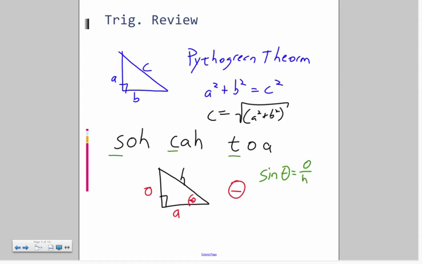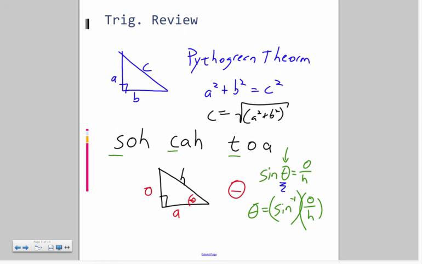And so if we want to solve for the angle, which is what we'll do more frequently, we end up doing the inverse sine, and there is a sine to the negative 1 button on your calculator. Usually it's the second function of the sine button, using those two side lengths. But we can also, if we know the angle and know one side, we can figure out another side.